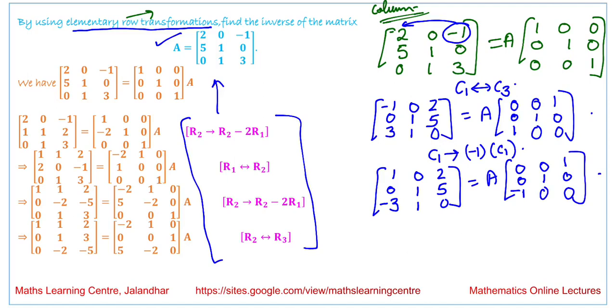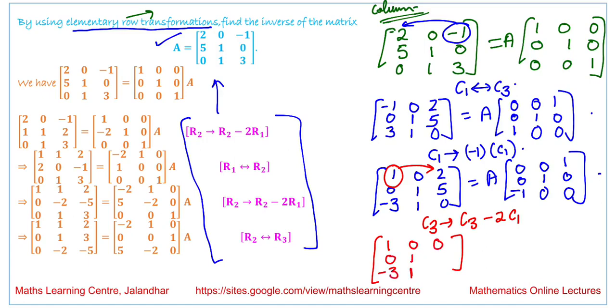Now with the help of this one, we are going to make this 2 into 0. So we write column 3 approaches column 3 minus 2 times column 1. So we get 1 0 0, 1 minus 3 1, these two will remain the same, we get 0 over here.